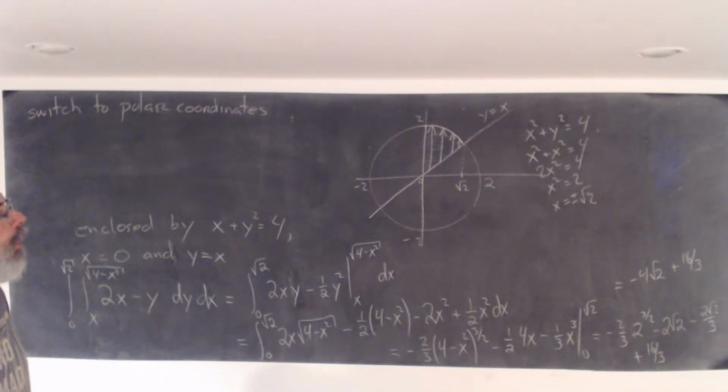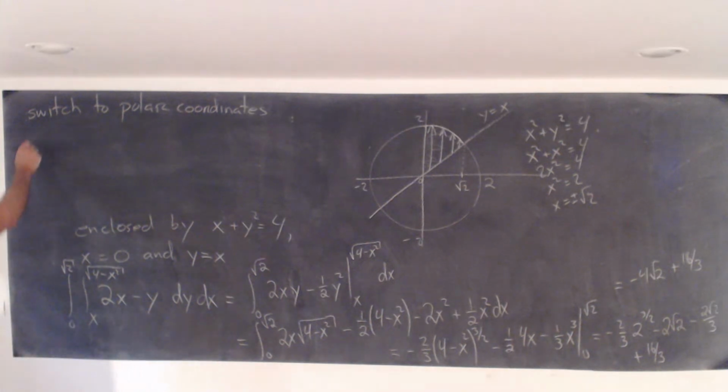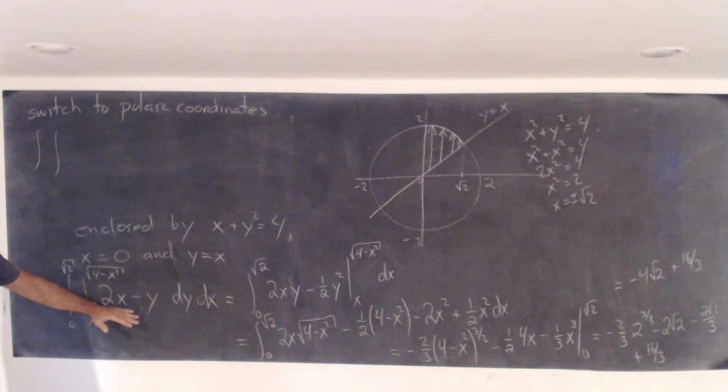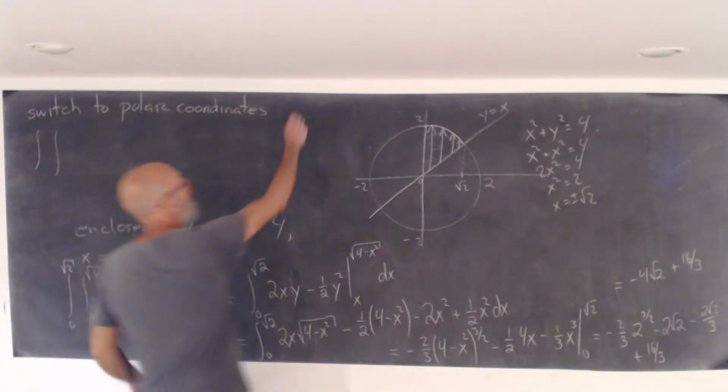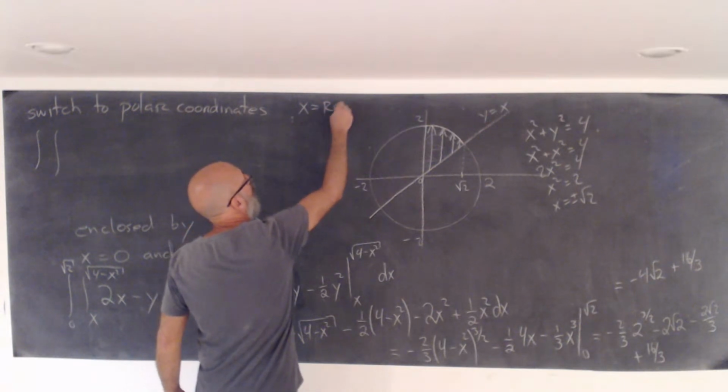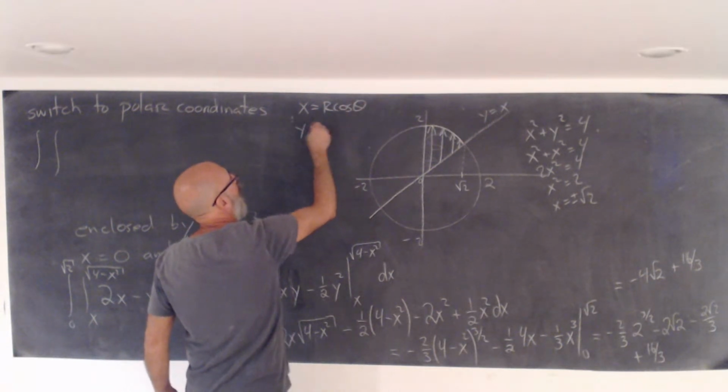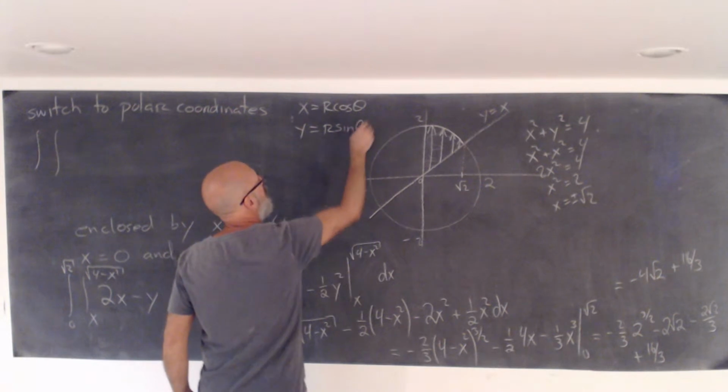How do we, first of all, let's look at our integrand. You know the polar coordinates. X is r cos, y is r sine.